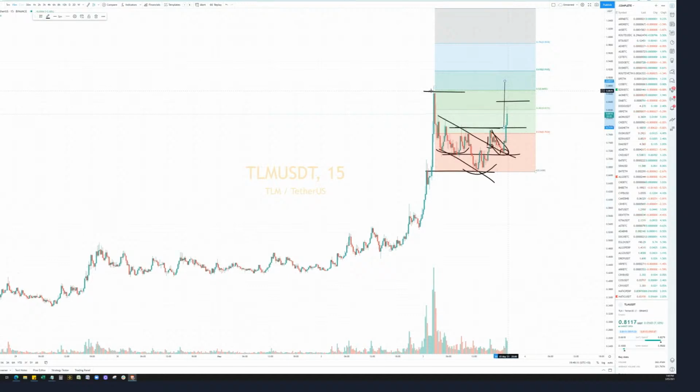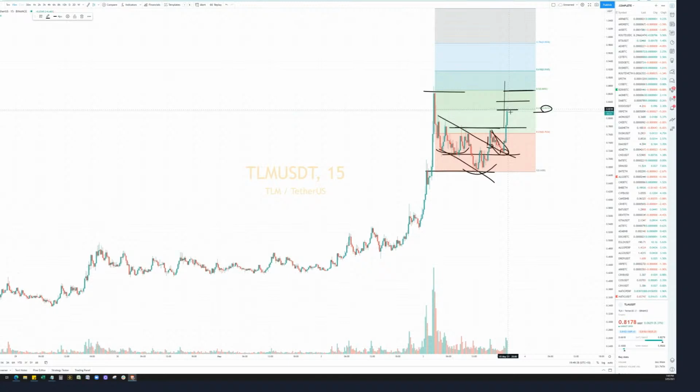Definitely the double top will be an issue. This level will be definitely an issue. As you can see, this fib level is already acting as resistance right there. So it's definitely done a big move.